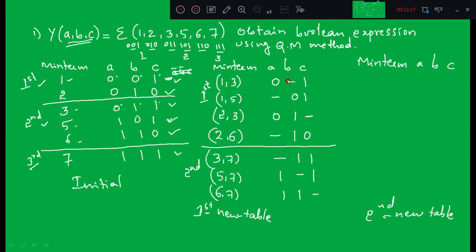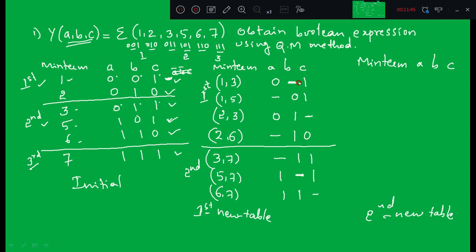So just see here. This is the first group. These four minterms are in the first group and these three minterms are in the second group. Take the first minterm 1, 3, where the dash is in the middle, right? Check whether a dash is in the middle in the second group of the first new table. Yes, it is there.